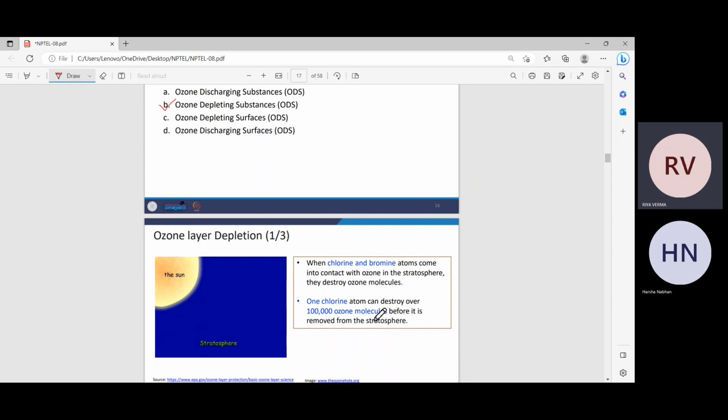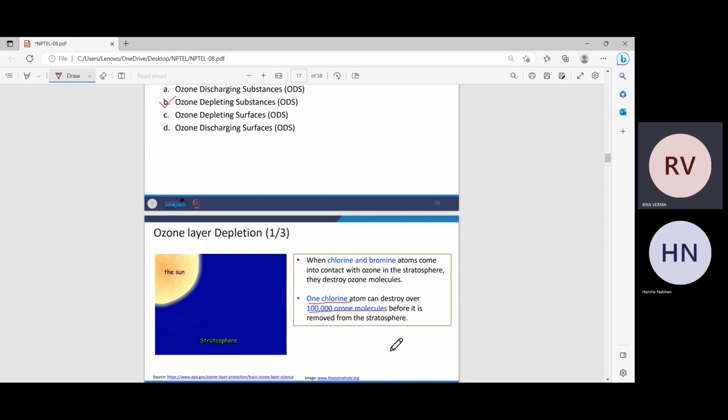One chlorine atom can destroy over 1 lakh ozone molecules, which is such a huge amount, before it is removed from the stratosphere.